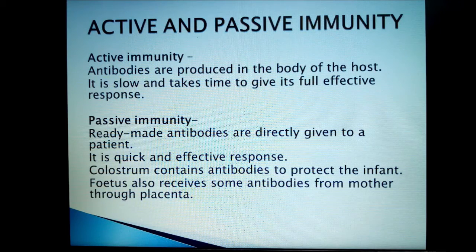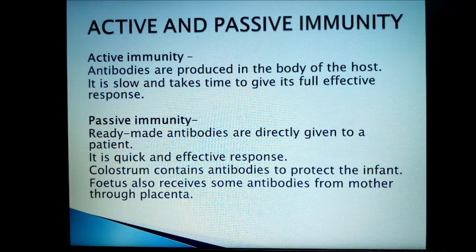So definitely this is a quick and effective response. Now certain examples we will see. Colostrum, which is present in the mother's milk, contains antibodies, and these antibodies protect the infant. That is why it is said that breastfeeding is good for the infants, because it provides protection through the antibodies to the infant.